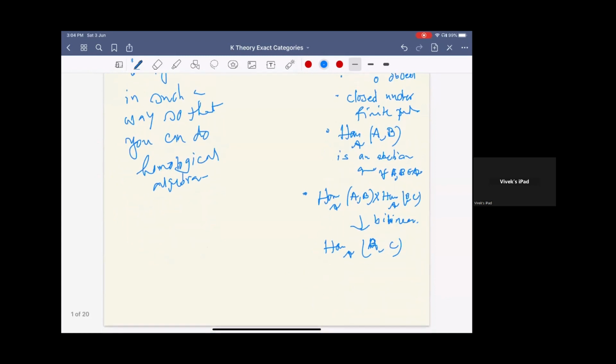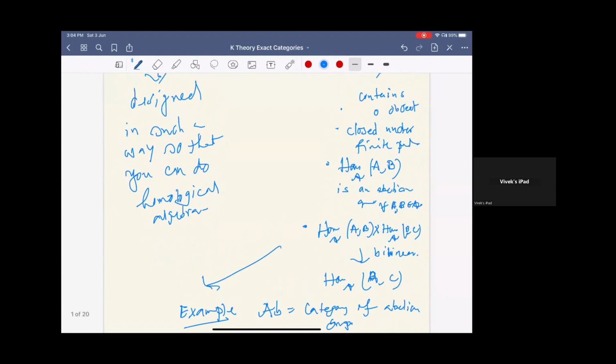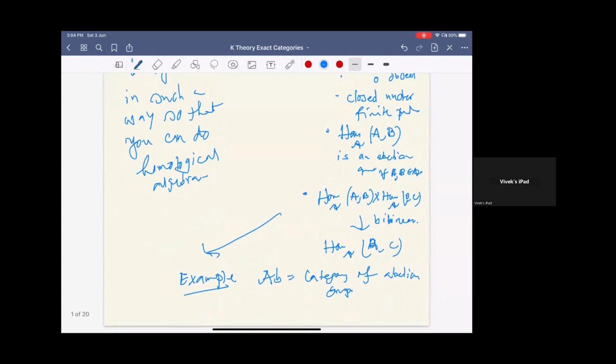So what are examples of additive category? The first example is, of course, the category of abelian groups. One can check all those properties in that setting. But which is a non-example? The category of fields.